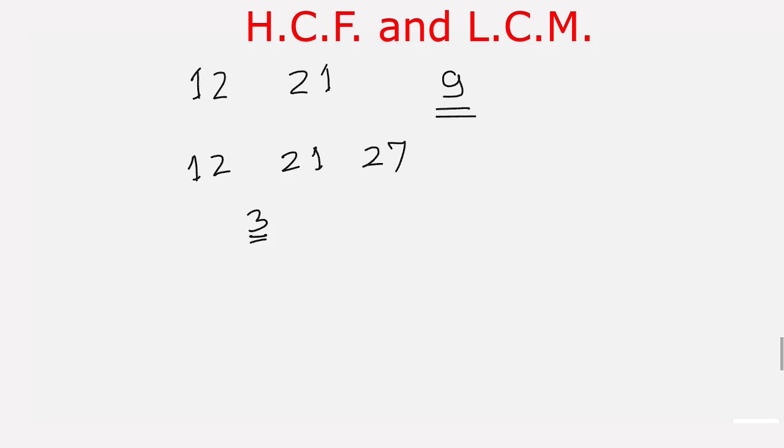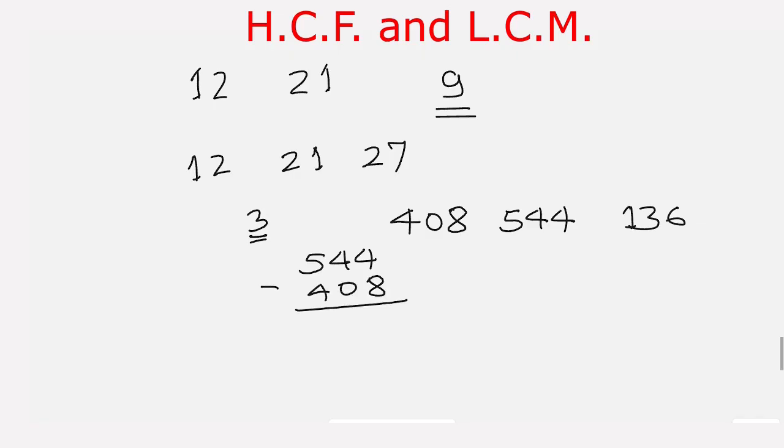In one of the questions, say we have to find the HCF of 408, 544 and 136. If we subtract 408 from 544, then we get 136. And another number is already 136.